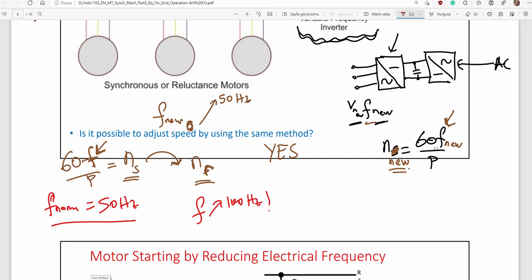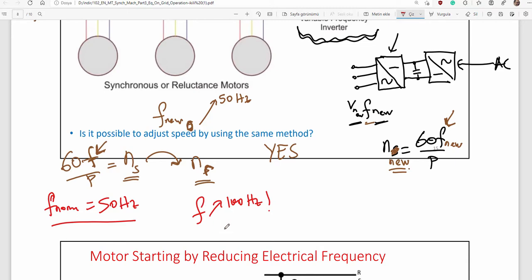Yes, it will be possible, but there will be some mechanical problems because speed causes some centrifugal forces. Machine rotor must stand those centrifugal forces. It would be dangerous for the machine rotor.